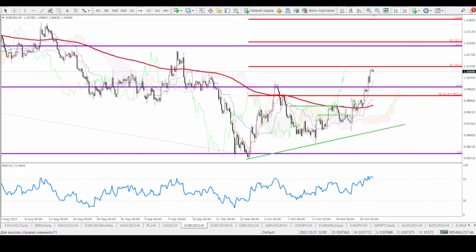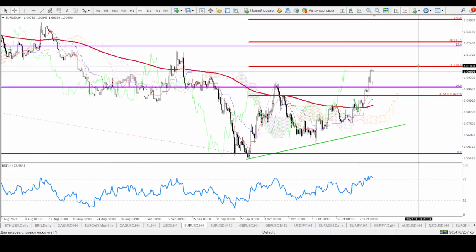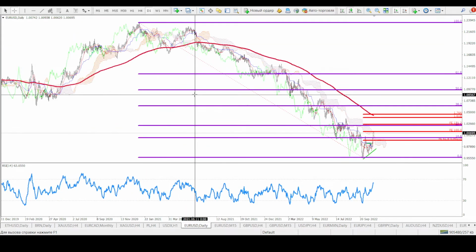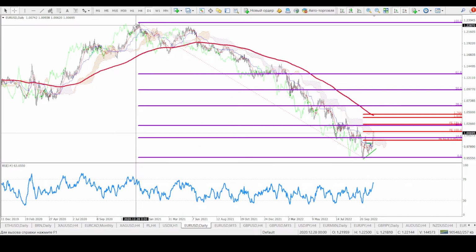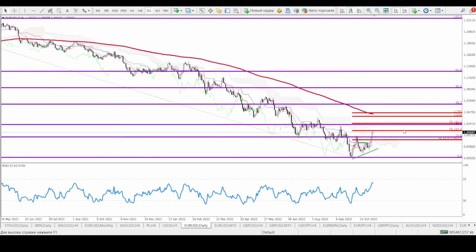After they broke this level of resistance, your next target goes up to 1.01, and they did reach this level of resistance. It means that next target after they break 1.01 is 1.02, because this is the Fibonacci extension level. If we take the Fibonacci levels since 2020, this downgoing tendency, 1.0250 also is an important area for the market.